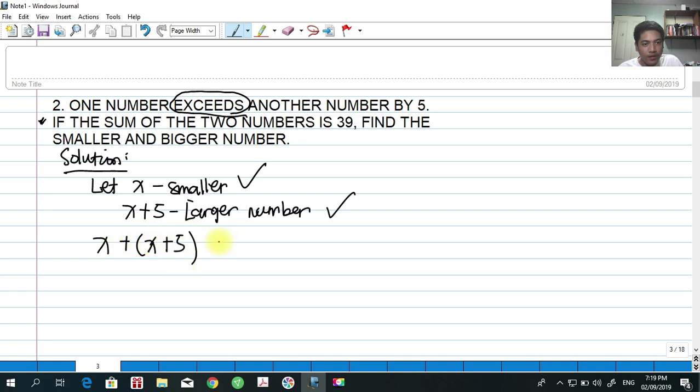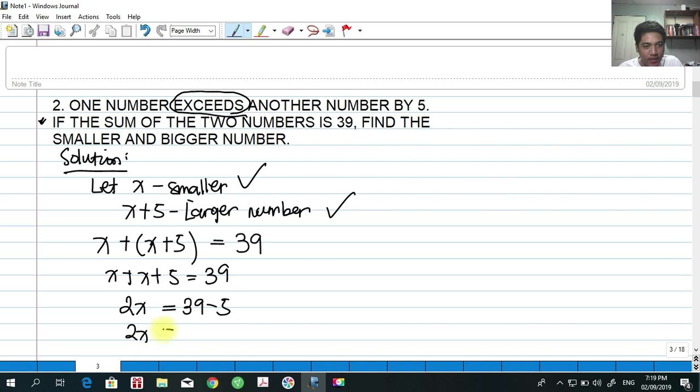If we get the sum of these two numbers, it says that it is equal to 39. By algebra again, x plus x plus 5 is equal to 39. So x plus x is simply 2x. We transpose 5 to the other side: 39 minus 5.